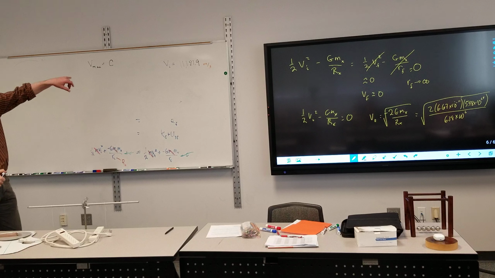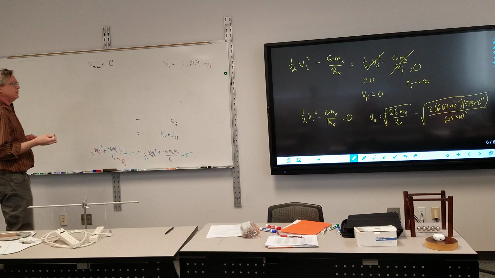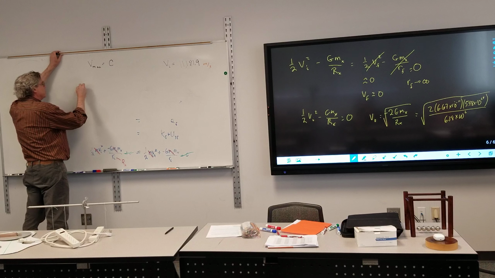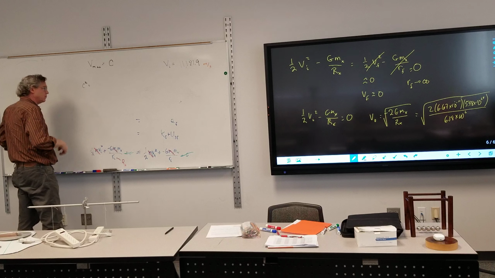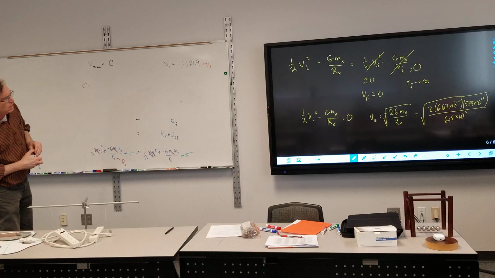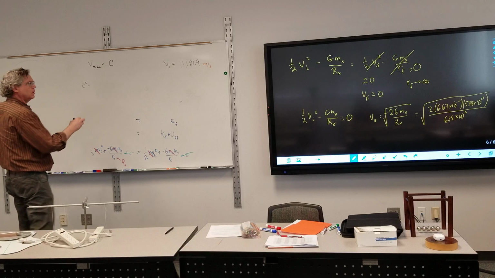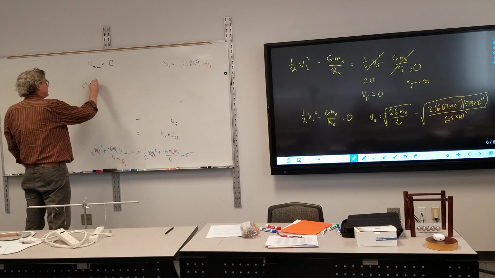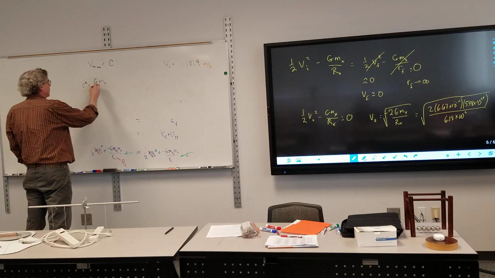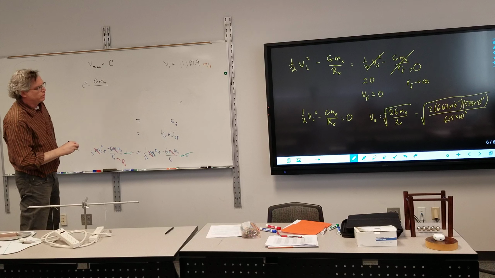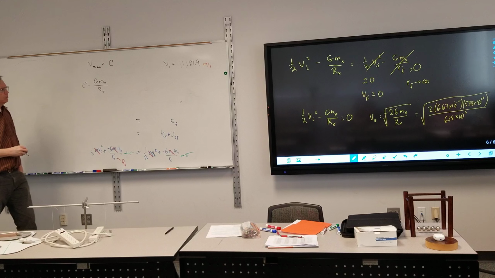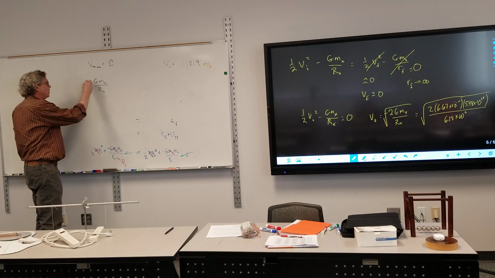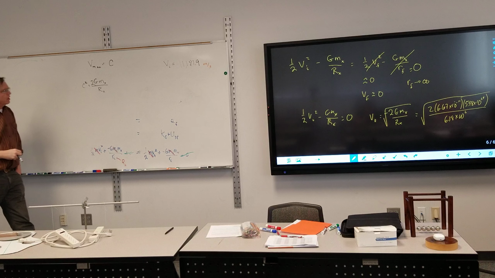So I'm going to stick this into my equation over there. So I end up with c squared equals big G mass of whatever that central object is over the radius of that object. Oh, and I lost my 2. I'm going to manipulate it slightly.